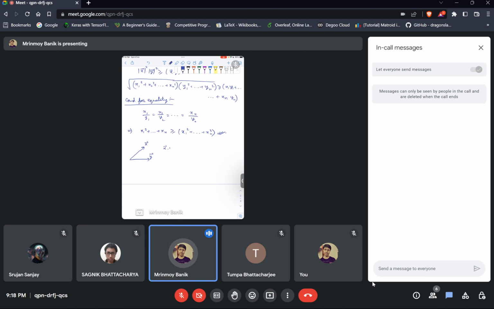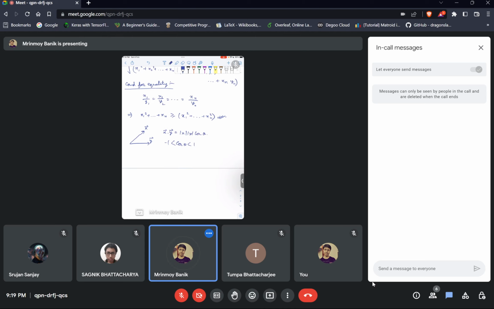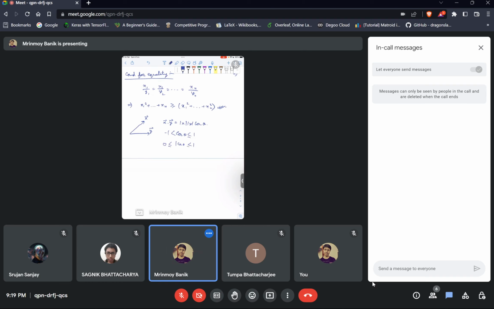Then the dot product of those two vectors is mod x mod y cos theta. This cos theta is between -1 and 1, so mod of cos theta is between 0 and 1. And so you can multiply both sides with mod x mod y.